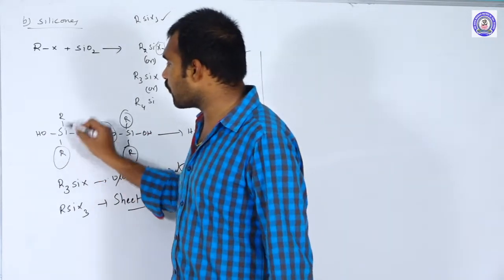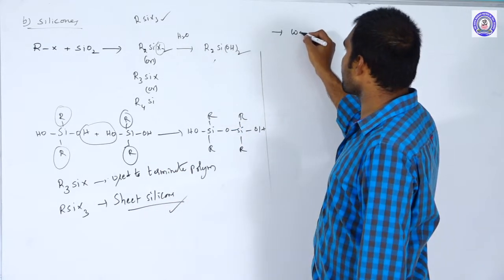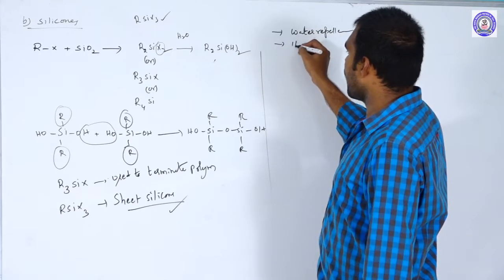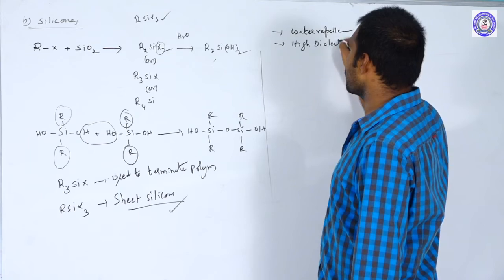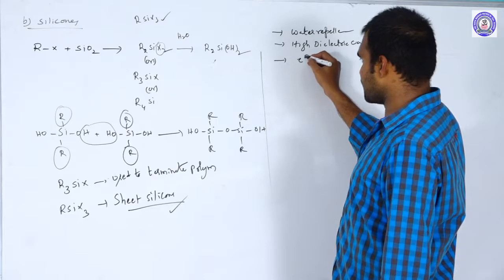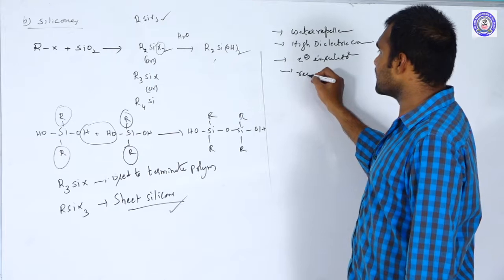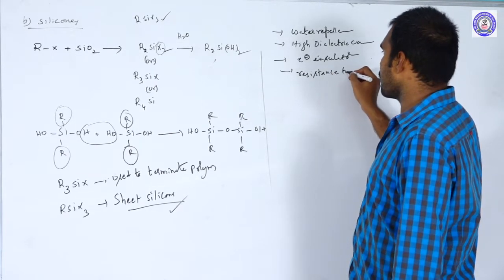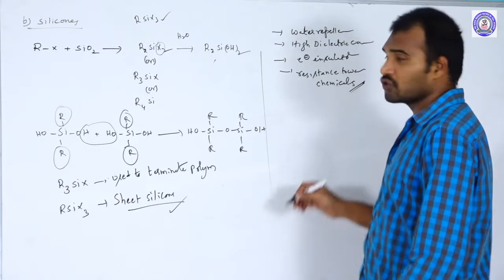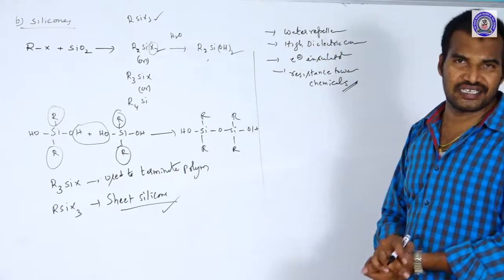Because of the presence of these hydrophobic alkyl groups, these silicones are water repellents, and they have a high dielectric constant, electrical insulation, and high resistance towards chemicals or oxidizing agents like this. So these are some uses of silicones.